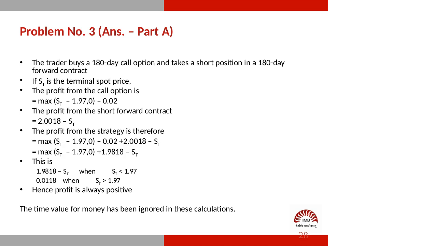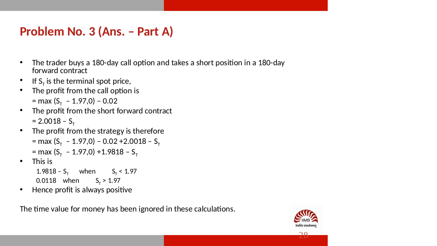So if the price goes above 1.97, he profits. So the profit from the call option is the maximum of ST minus 1.97 and 0, and then you take out the cost that you've paid. You've paid $0.02 to buy it, so that reduces the profit from the call option.